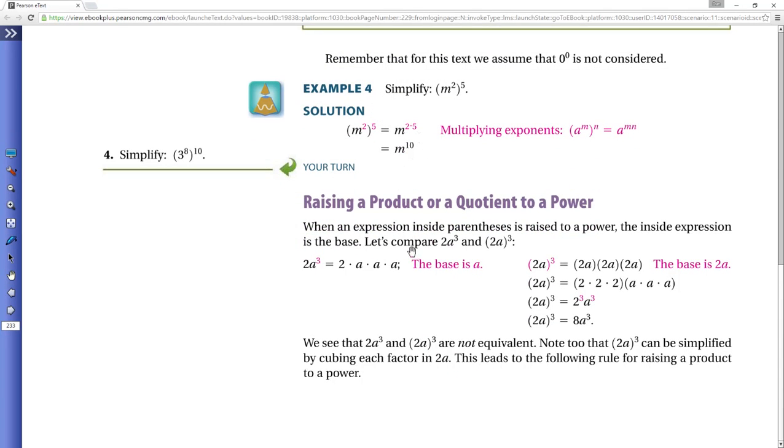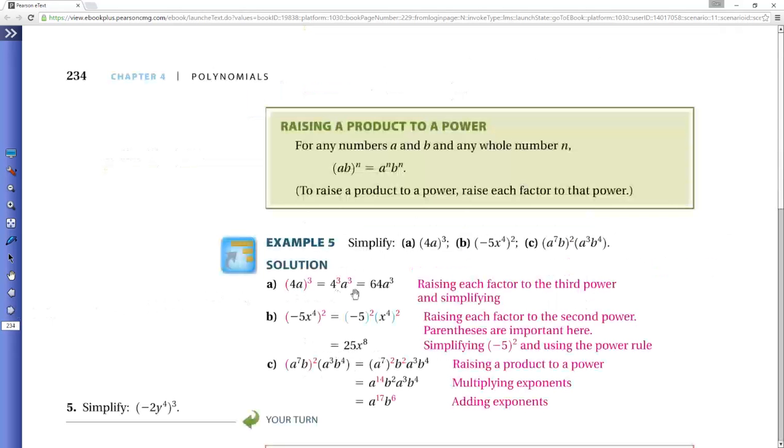Now, raising a product or a quotient to a power is pretty much the same thing, and they're going to show us a couple ways that happens. If I have a product like a times b all to the nth power, it's kind of like the distributive property. If I wrote this out, it would be ab times ab, if this was a 2.